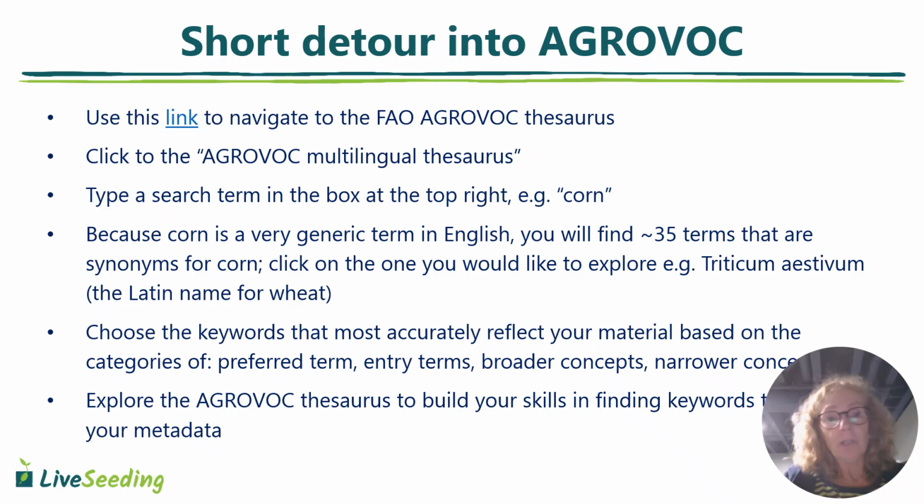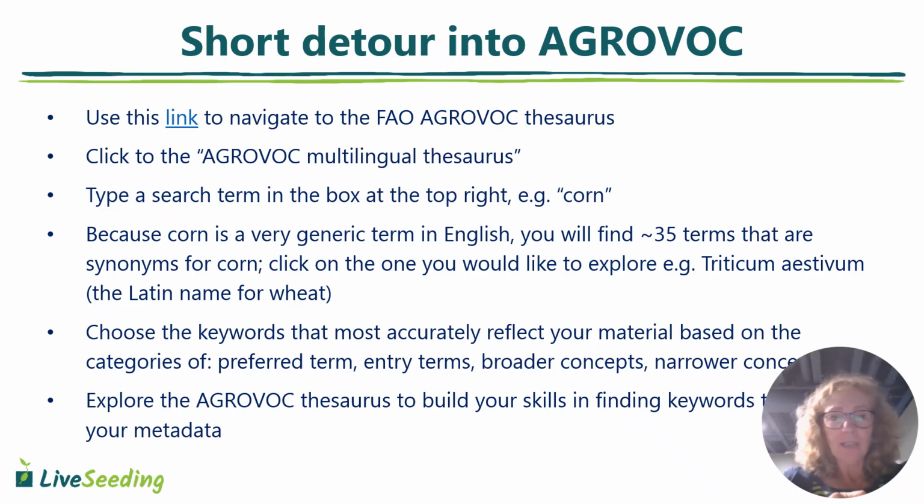So choose the keywords that most accurately reflect your material based on the categories of preferred term, entry terms, broader concepts, narrower concepts. You can have a look at those, and when you put in a word like corn, you'll get preferred term, entry terms, and these other related words that might be relevant to your data set that you could plug into your subject field in your metadata, and it'll make it more findable.